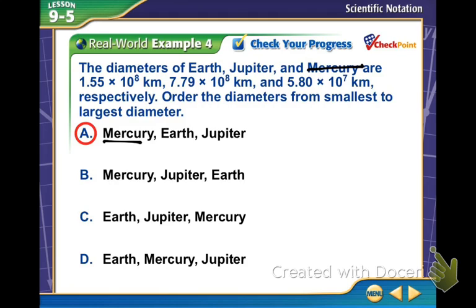It was the third one listed, and 10 to the 7th is smallest. After that, these two exponents are the same, so we have to look at the factors in front. The 1 and 5500ths would be the next smallest, and that would be Earth, followed by the largest, Jupiter.